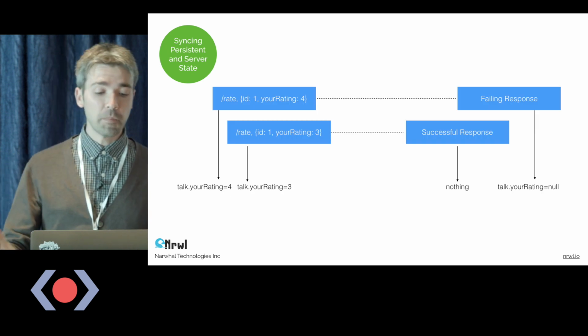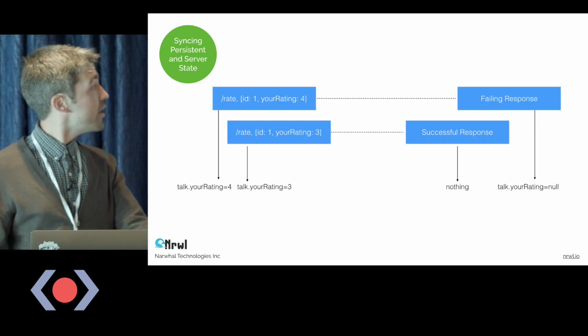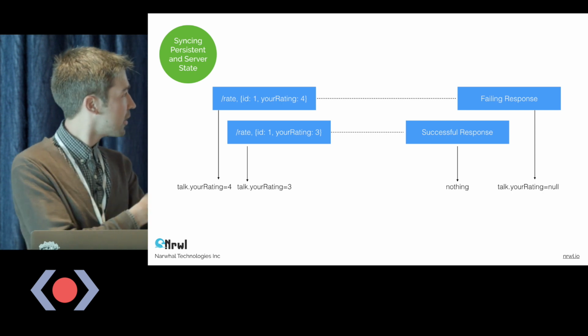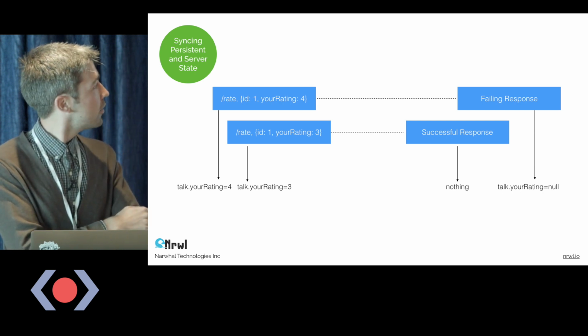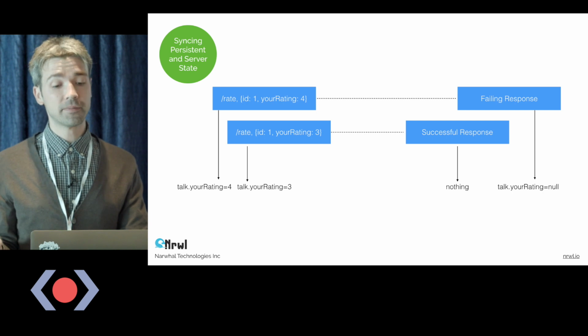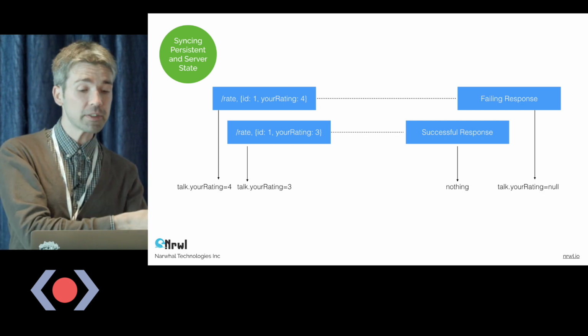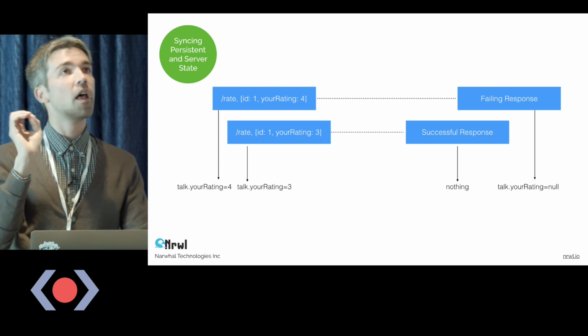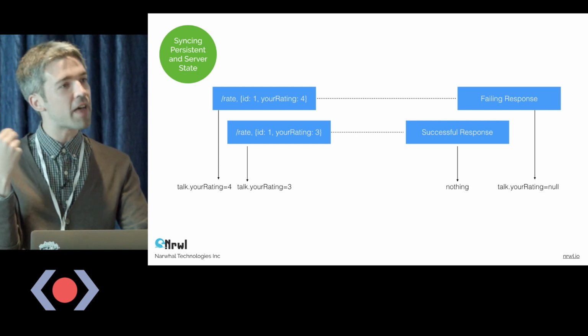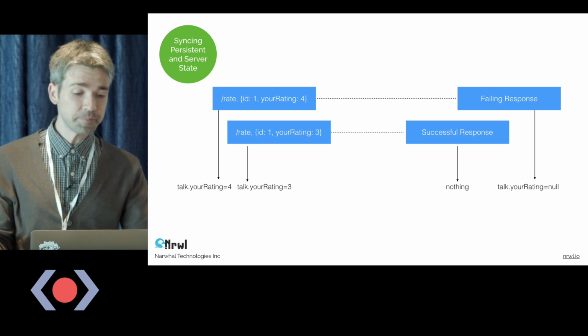It doesn't work because of the following issue. Imagine, hopefully you can see, but I will try to explain what happens here, we are trying to rate this talk twice. So we set the rating to 4 first, that's our first intent, our first request. So we fire the request to the backend. Then we change our mind because the talk wasn't that good. We're like, let's set it to 3.